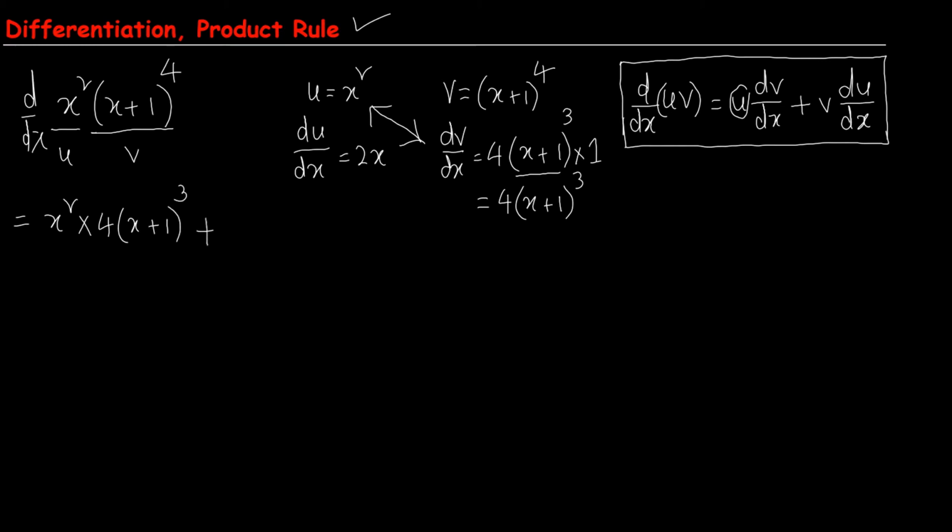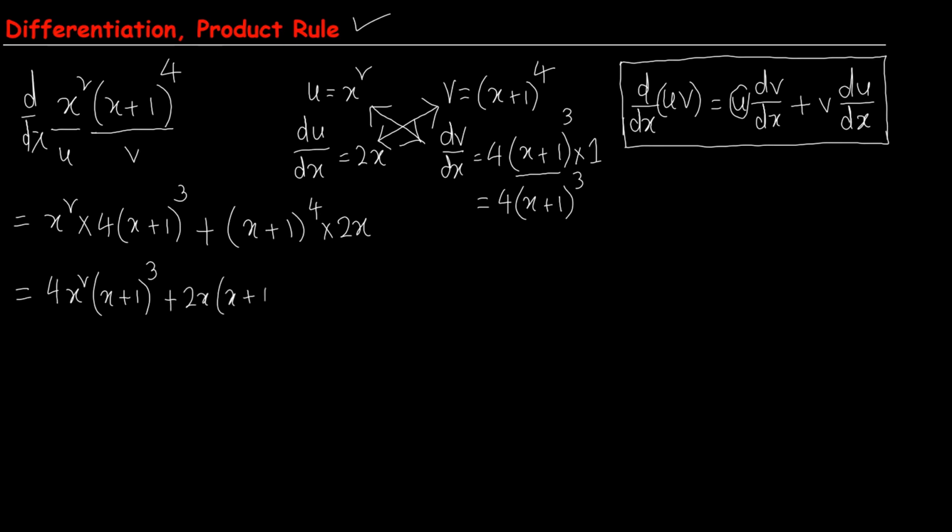Then the next term is v into du by dx, so we put the values: v is (x plus 1) to the power 4 into 2x. Let me write it in simplified form, that is 4x squared into (x plus 1) to the power 3, plus 2x into (x plus 1) to the power 4.